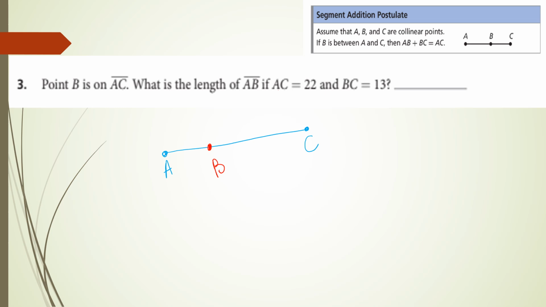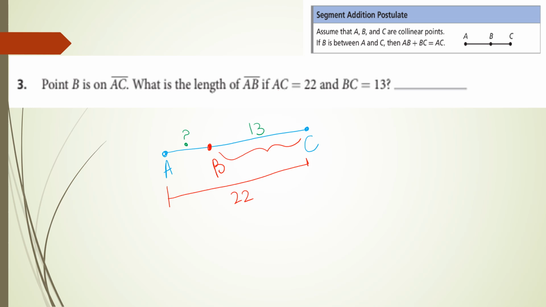Now AC is 22, so the whole from A to C is 22. And BC is 13, it means from here to here is equal to 13. And they are asking what is the measurement of AB? What is the length of AB?